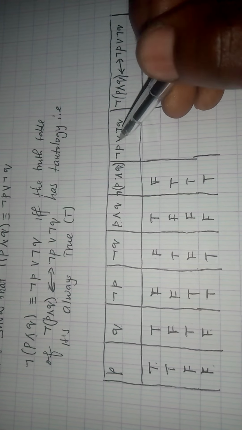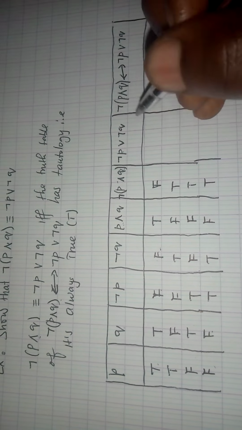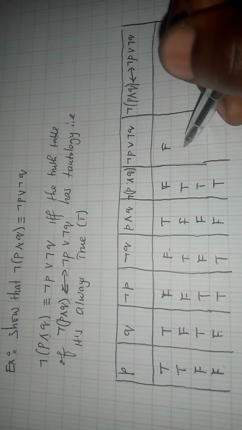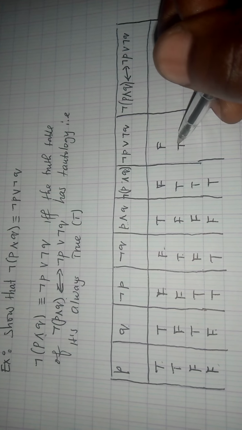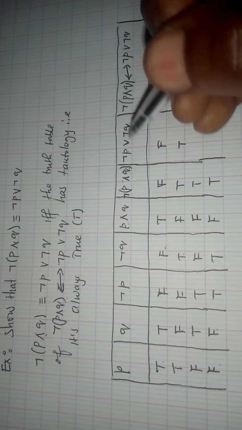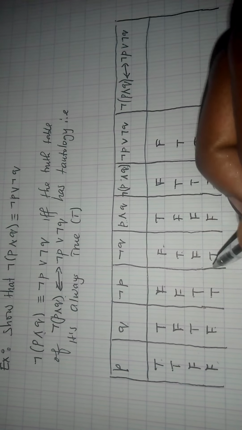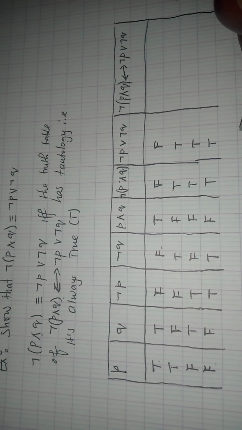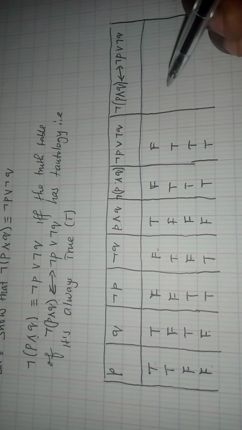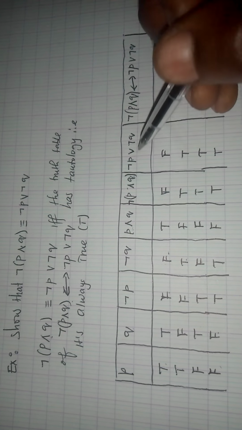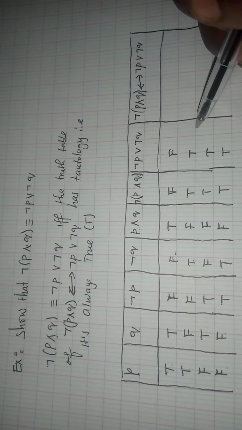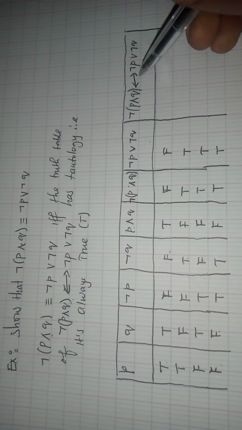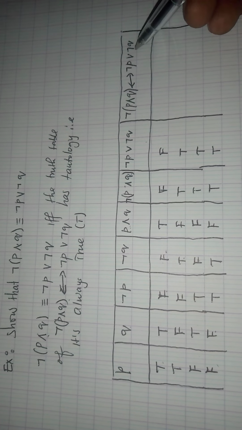Then negation of P or negation of Q: here F or F will give F. Then here is T, because we are making this disjunction, then here is T, and then here is T. Now let's make the bicondition of this one and this one: if negation of P and Q, then negation of P or negation of Q, and vice versa.